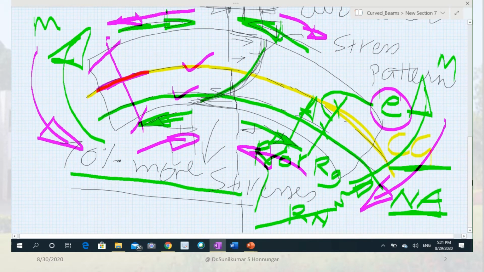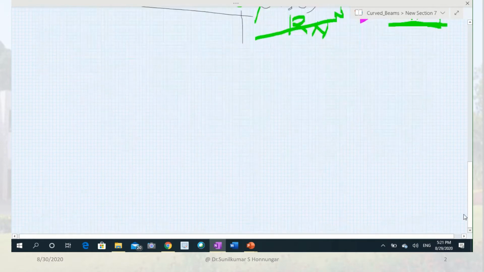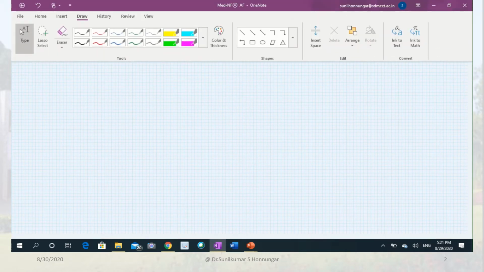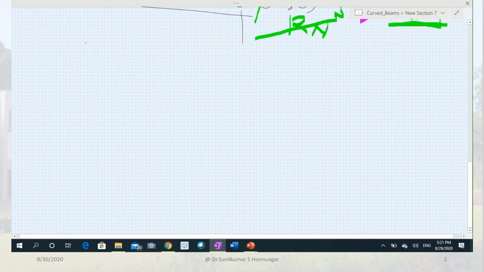And for that, you have two different equations. I'll just scribble it over here so that you can understand better. There is no derivation.